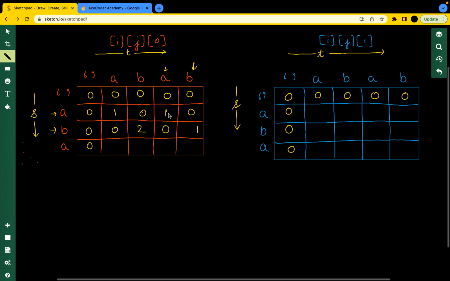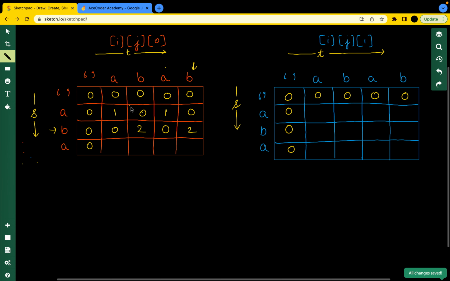It is 1, this one, because it is just at the intersection of these rows and columns. So our answer will be 1 plus 1, which is 2 for this case, because they are equal.